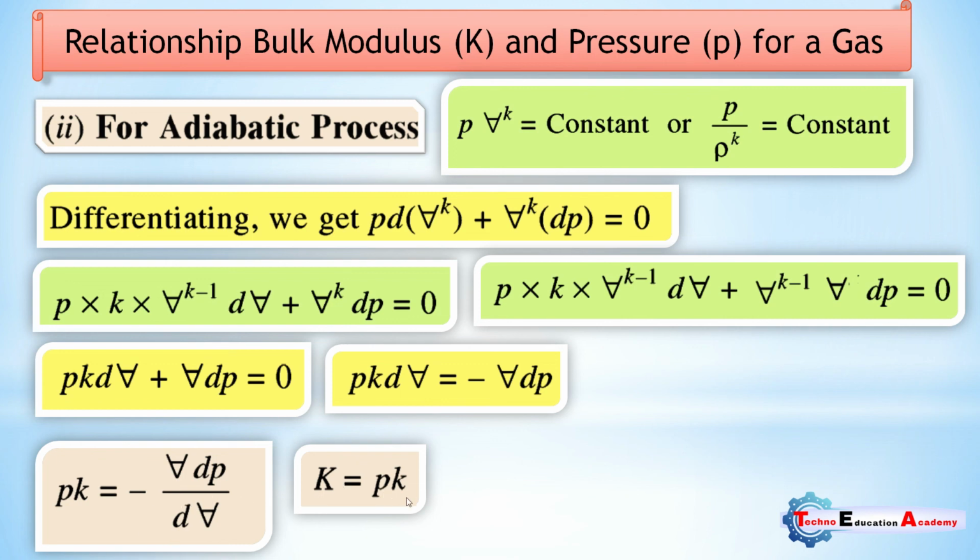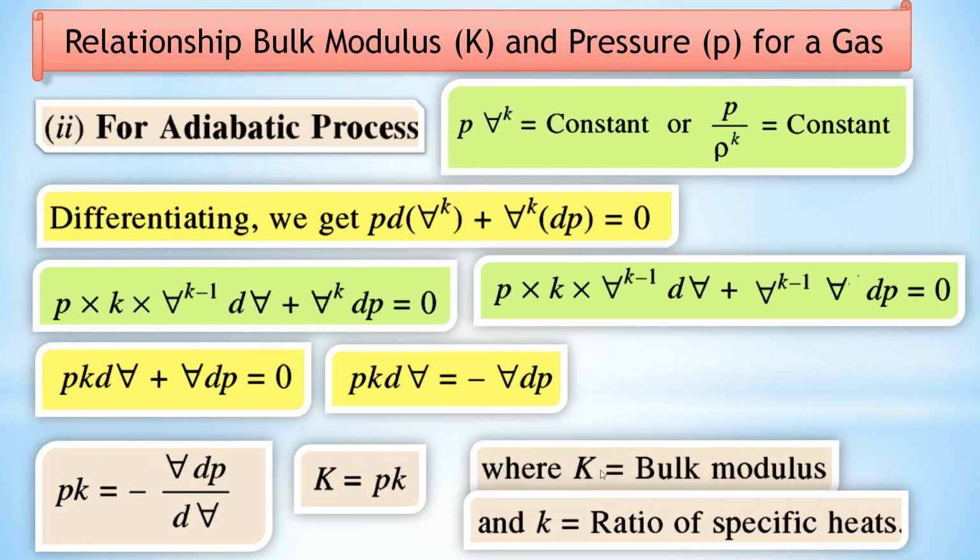So bulk modulus equals P into k, where capital K is the bulk modulus, and small k, or gamma, is called the specific heat ratio or adiabatic index, and its value is 1.4 for the adiabatic process. We have already derived the equation gamma equal to Cp by Cv in my previous lecture of thermodynamics. You can watch those videos if you want to clear your fundamentals.